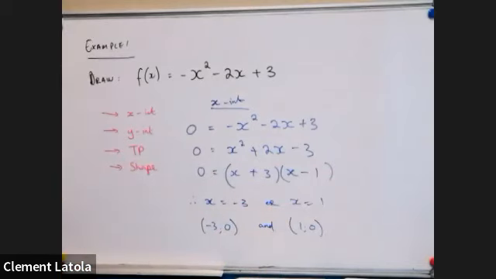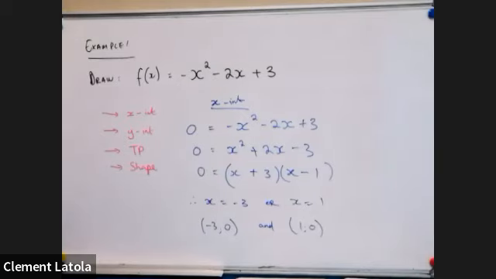Now a parabola will mostly have 2 x-intercepts. Sometimes it can only have 1 intercept. That's when the turning point is on the x-axis. But other times it can also have no x-intercepts. That's when the parabola is above the x-axis or below the x-axis, and it doesn't ever cross the x-axis.